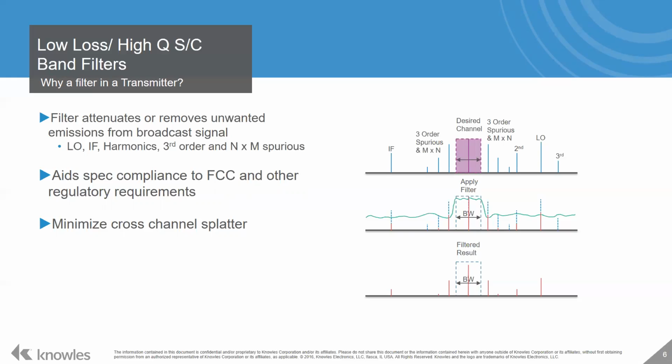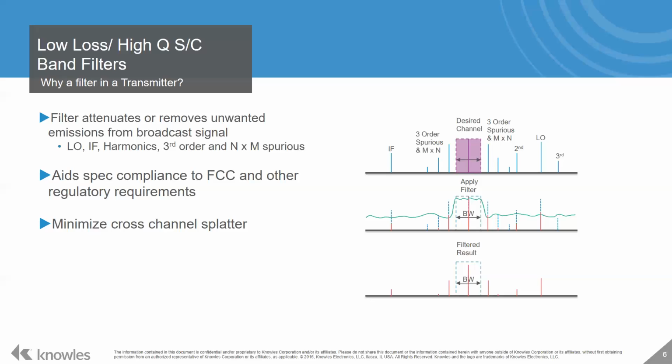I've represented this again in the top graph on the right. They also aid in spec compliance to FCC and regulatory requirements by, again, knocking those signals down to a level where they meet the requirements and minimize cross-channel splatter, keeping the harmonics and other spurious products reduced to a level where they won't interfere with other channels in the vicinity.